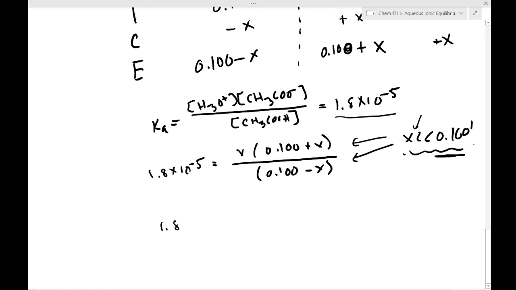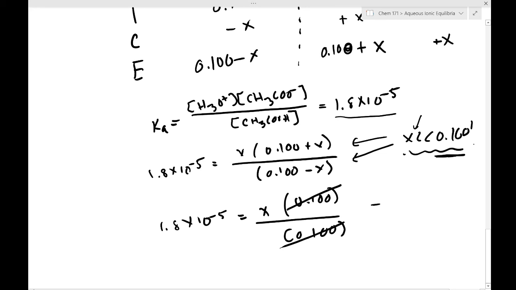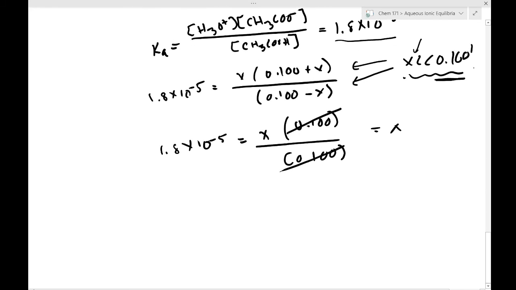So now we have 1.8 times 10 to the minus 5 is equal to X times 0.100 over 0.100. These, of course, cancel out, and we end up with X is equal to 1.8 times 10 to the minus 5.